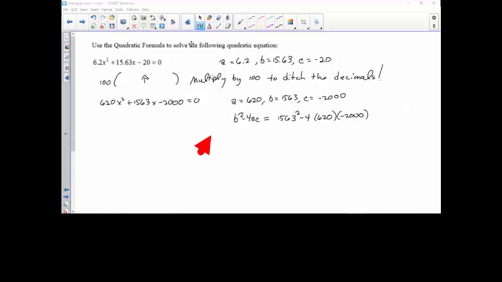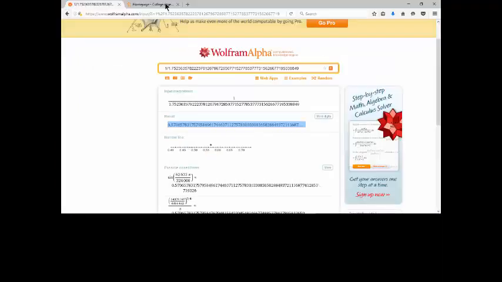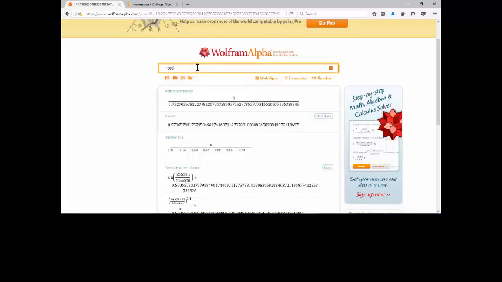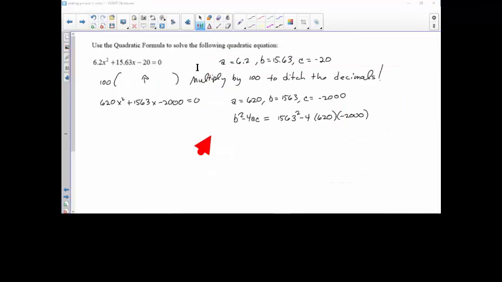1563 squared. Oh goodness, look at that big number. I must have been doing trigonometry. 1563 squared minus 4 times 620. Hey, see there's two minuses there.